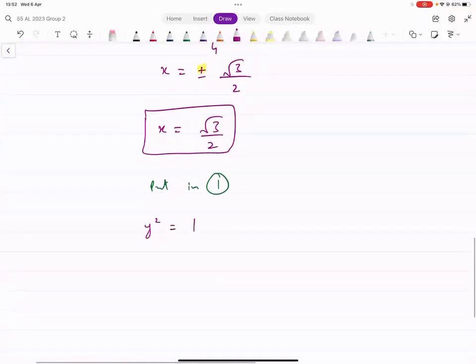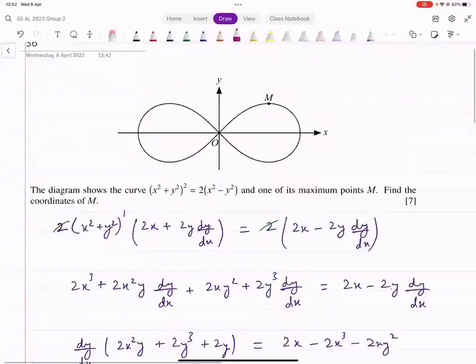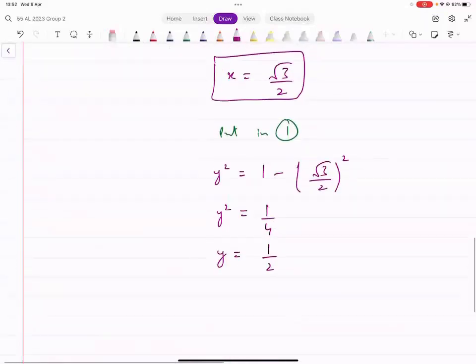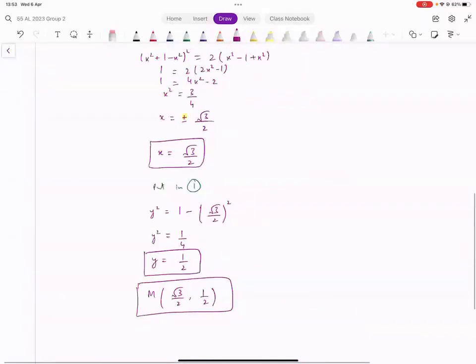Y square equals 1 minus square root of 3 over 2 whole square. ये आ जाएगा y square equals 1 minus 3 over 4, which is 1 over 4. Again, y equals 1 over 2. क्योंकि y की वैल्यू भी पॉजिटिव है, यहाँ पे हम सिर्फ पॉजिटिव वैल्यू लेंगे, नेगेटिव वैल्यू नहीं कंसिडर करेंगे. This is what we get. So the coordinates of M turn out to be square root of 3 over 2 and 1 over 2. This is what we were looking for.